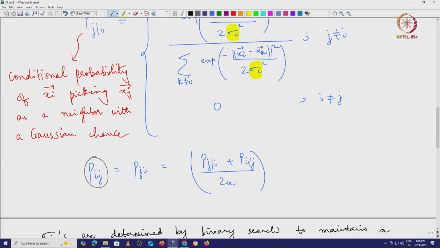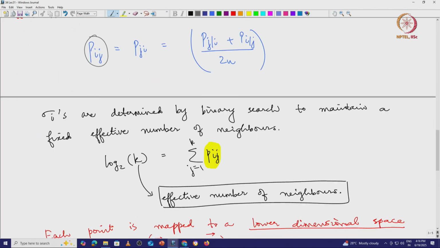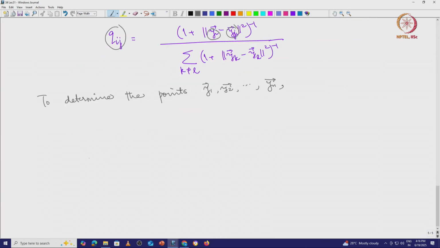So you want to minimize the difference between these two probability distributions, and that is done through something known as the Kullback-Leibler divergence, the KL divergence, which you hear quite a lot in machine learning, but essentially it just quantifies the difference between two different distributions.